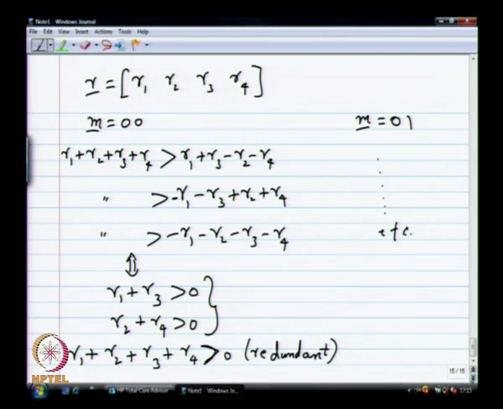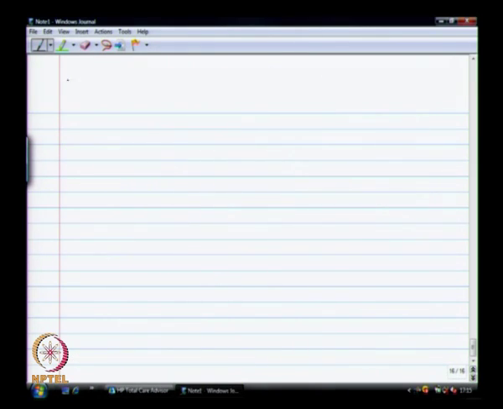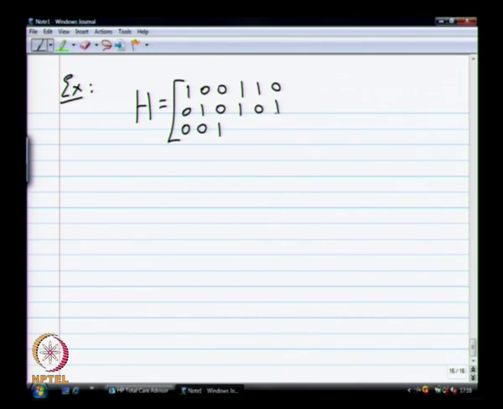So, let us go to a slightly more complicated example. Our usual standard code, which was defined by this parity check matrix, I have been using it for syndrome decoding a lot. So, this is a 6,3 code, and if you want I can list out all the 8 code words.